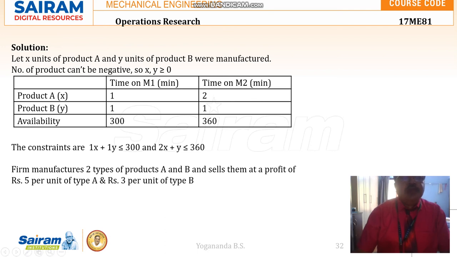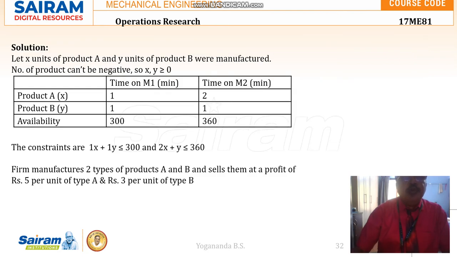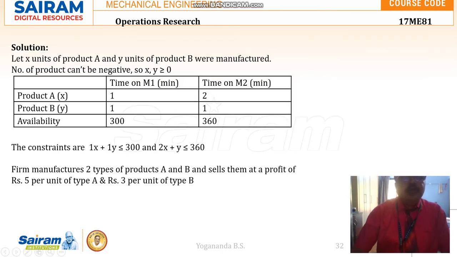So the time spent by each product on the two machines M1 and M2 is as stated here. Type A requires 1 minute on M1 and 2 minutes on M2, which is written in the table. Similarly, product B requires 1 minute each on both M1 and M2.